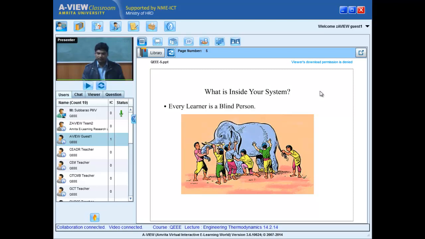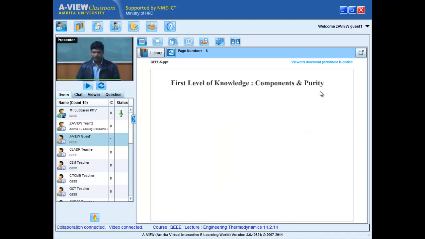That's why I'm giving the various levels of understanding of what is there inside the system, or what a system is in principle. The first level of knowledge, as I explained in the last class, I'll quickly go through. You need to know how many components there are, and whether the components remain pure throughout the study or are changing. Suppose I am developing an engine, a fan, a windmill or a wind turbine, whatever, I need to say how many components.